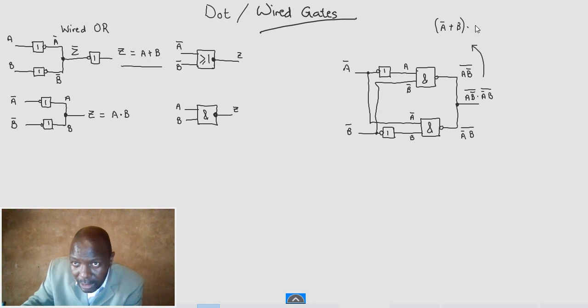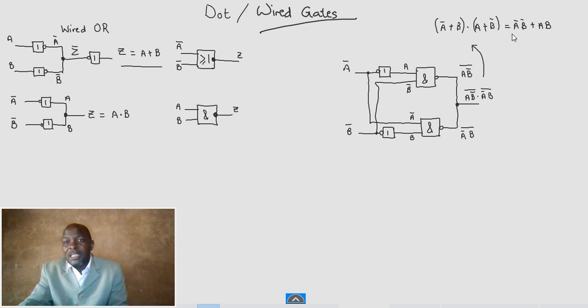It's going to be not A, so it's A. We break the line, we change the sign, it's B. And the other line remains on B. So when you expand this, not A will fall away, not A, not B. Okay, A, B. B, not B will fall away. So this here is the exclusive OR gate.